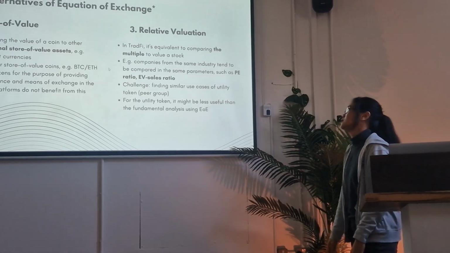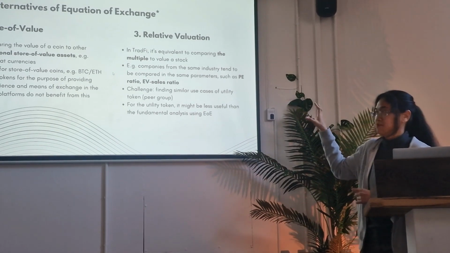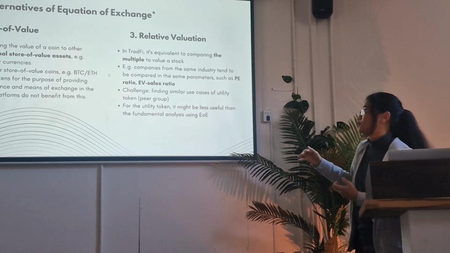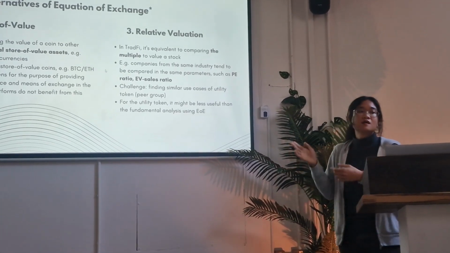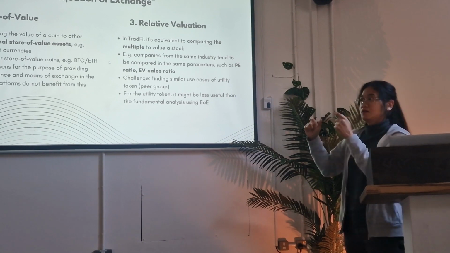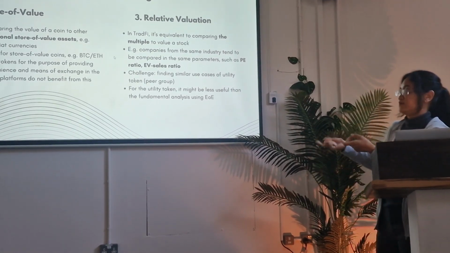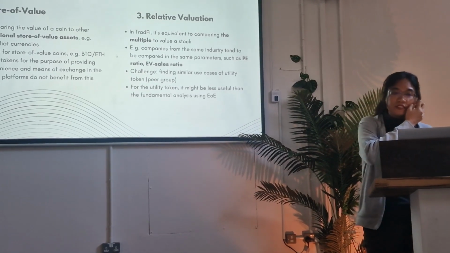And the other alternative is the store of value. It's basically measuring the coins, because I mentioned coins here because they are the first layer tokens, or native blockchain tokens such as BTC or ETH, converting the value to traditional store of value assets such as gold or fiat currencies. And the third one is using relative valuation.